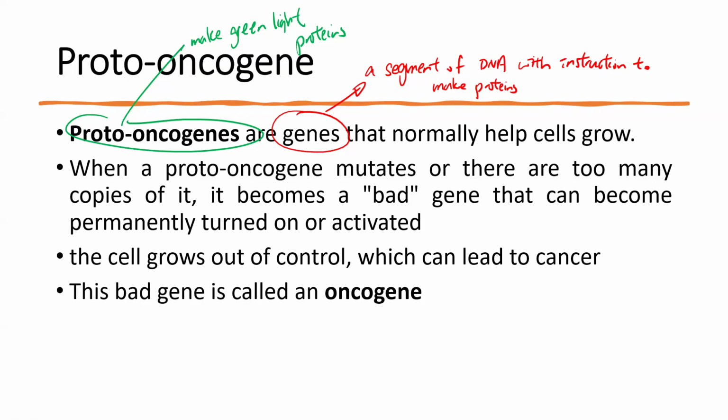This bad gene is going to make a green light protein that is malfunctioning, and it might be turned on permanently. And when that happens, the cell will grow out of control, like I told you. This mutated proto-oncogene is now called an oncogene. So oncogene is bad. Proto-oncogene is just the normal.